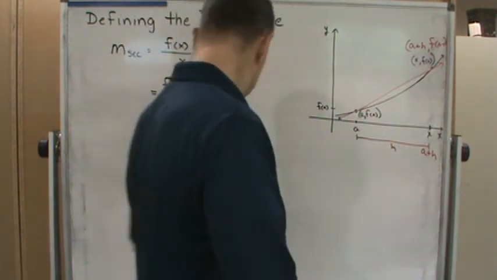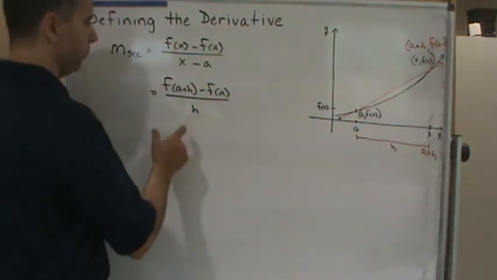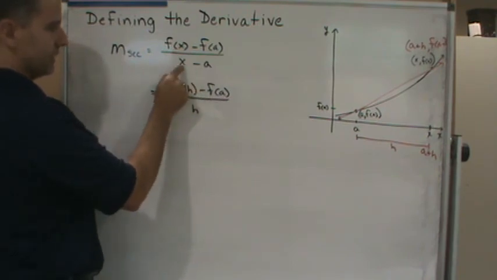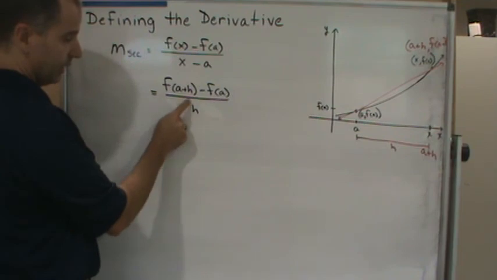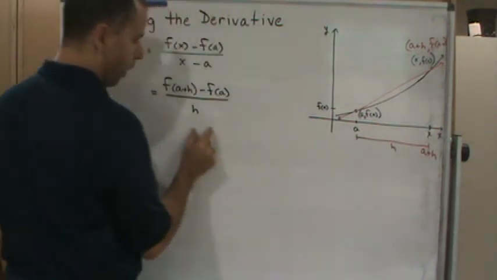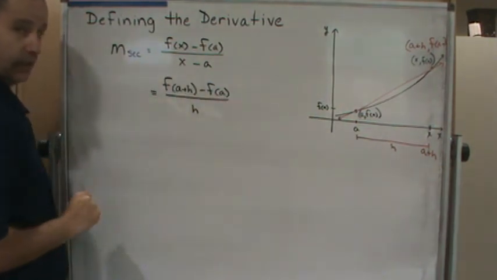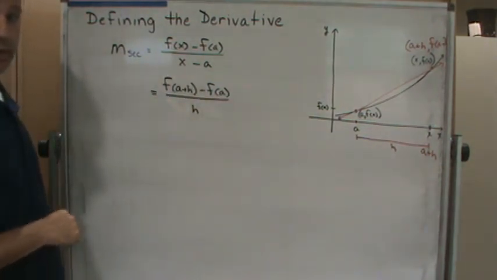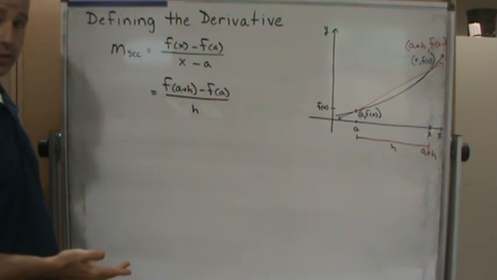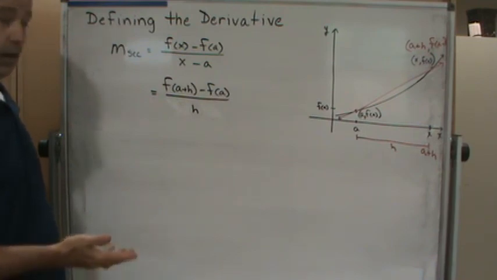That means if we're able to decrease the distance between x and a, or in other words, if this distance gets smaller and smaller, this slope formula gets closer and closer to giving us the slope of the tangent line.